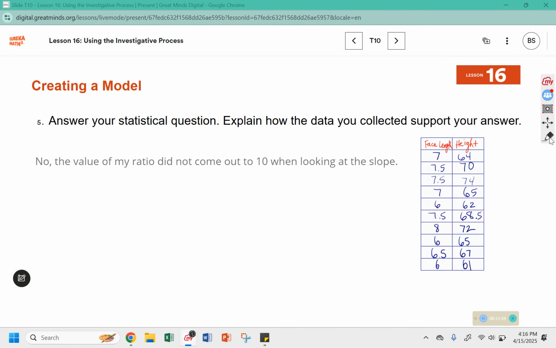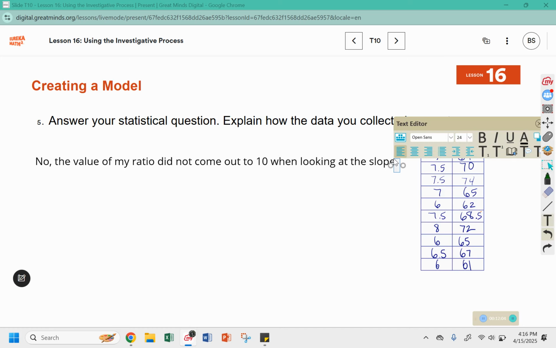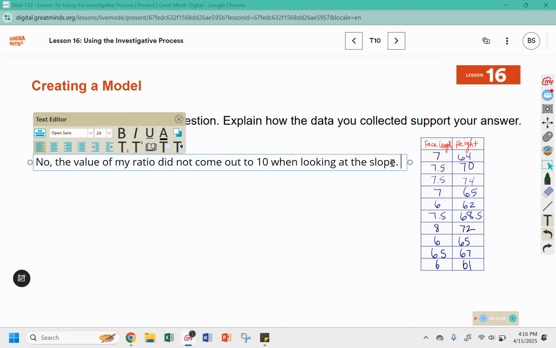Perhaps a different solution or a different display would be helpful. So for example, we used the scatter plot, but if we look specifically at each piece in the table, if I did 64 divided by 7, that's about 9.14.